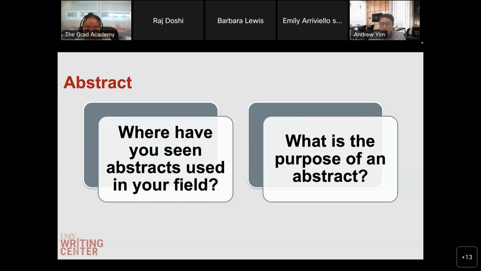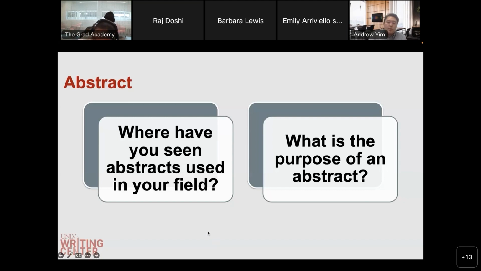The purpose of an abstract, in a nutshell, is not just to summarize your research, but to help your readers get a clear sense of what your research project is about, the methodologies you used to conduct your research, the findings that emerge, and your discussion, in a very concise manner.